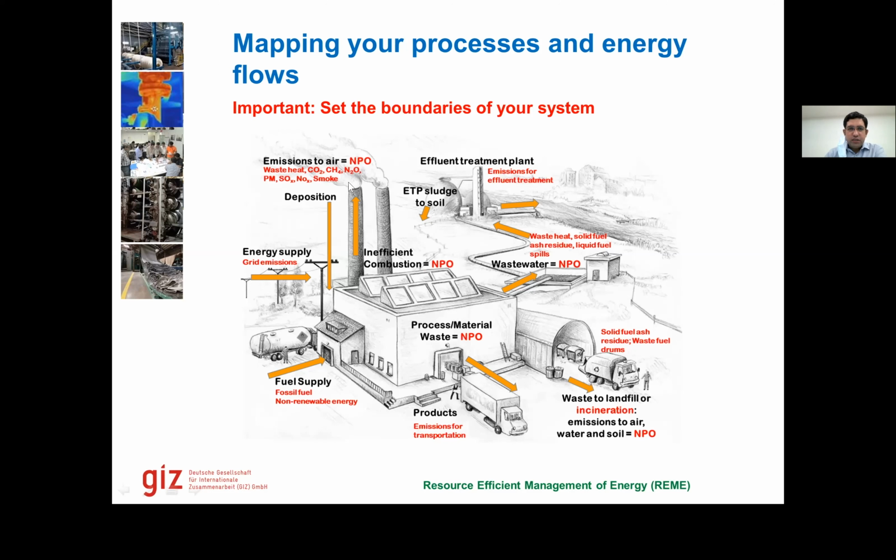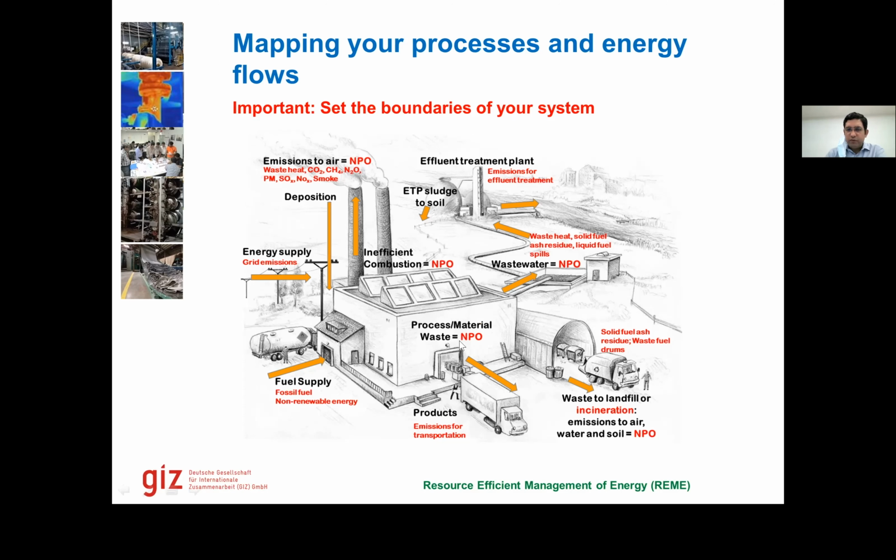And in the emissions, for example, we might have other NPOs like waste heat, carbon dioxide, methane, nitrous oxide, which are polluting the environment. And then we might have particulate matter or sulfur oxides or nitrogen oxides or smoke, which cause visible pollution as well.